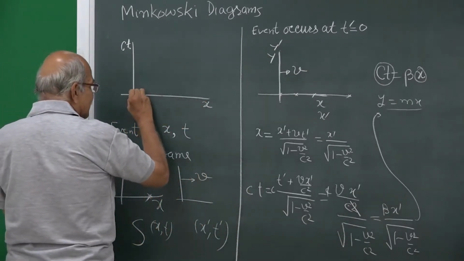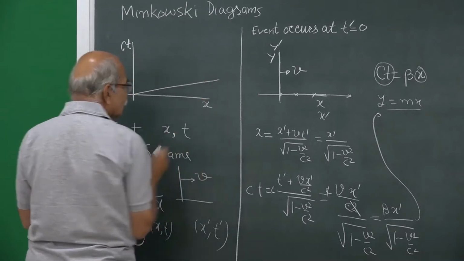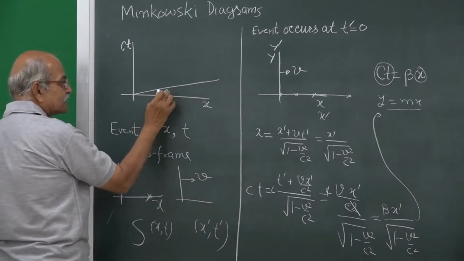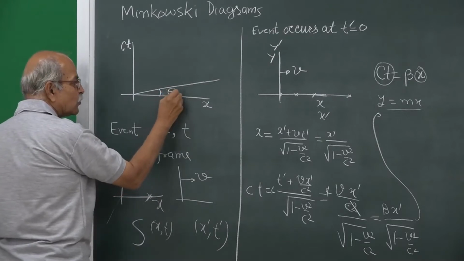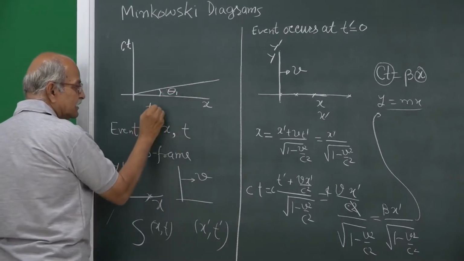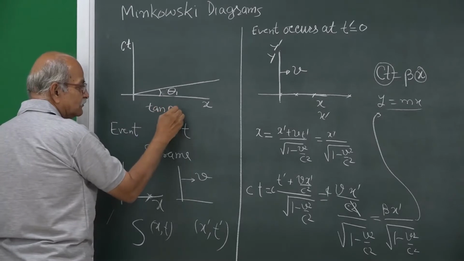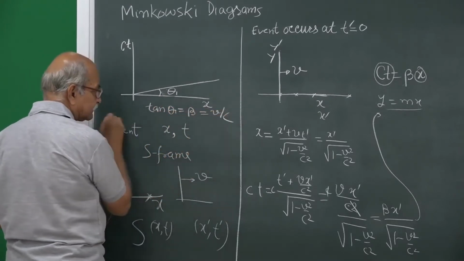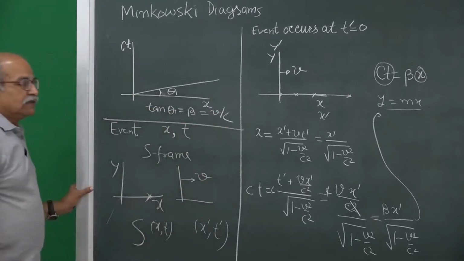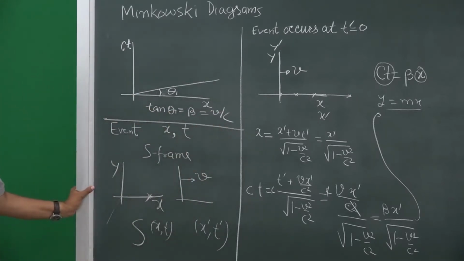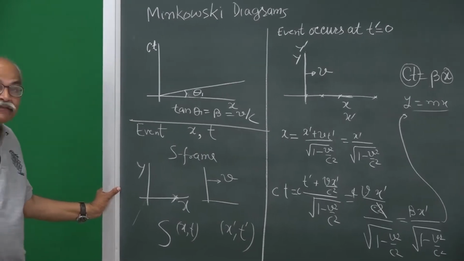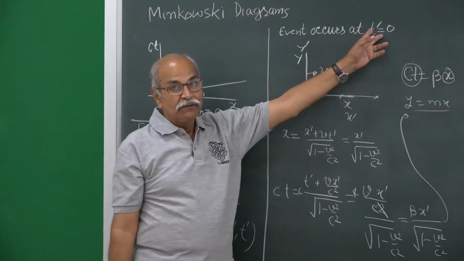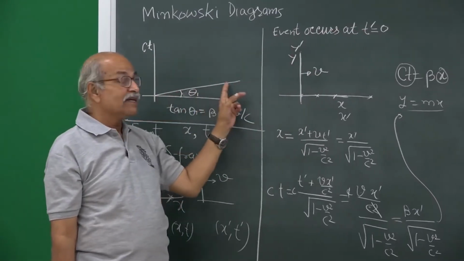So, I can draw a straight line, and this angle, let us call this theta 1, and tan theta 1 will be equal to beta, which is v by c.